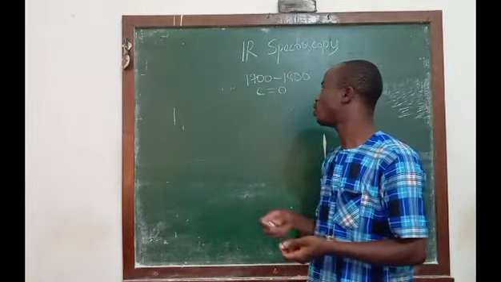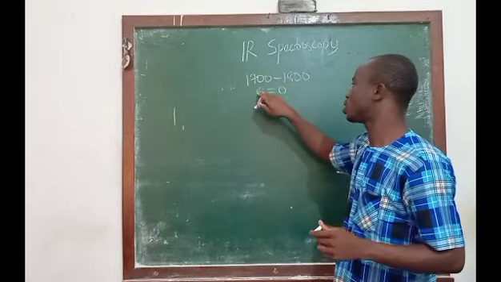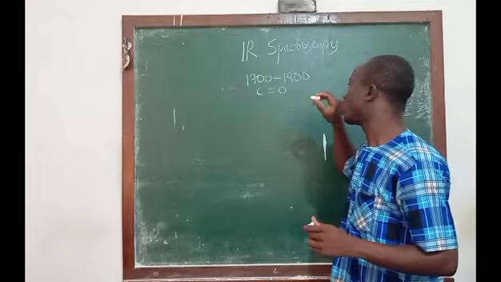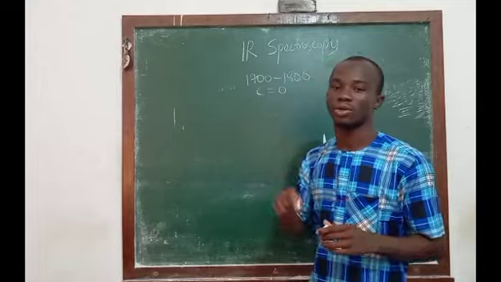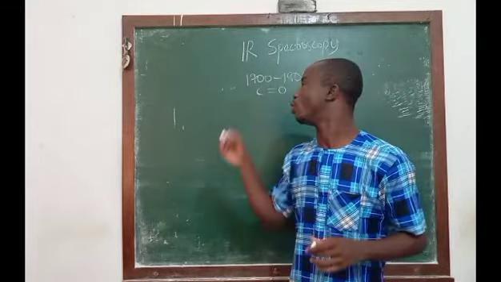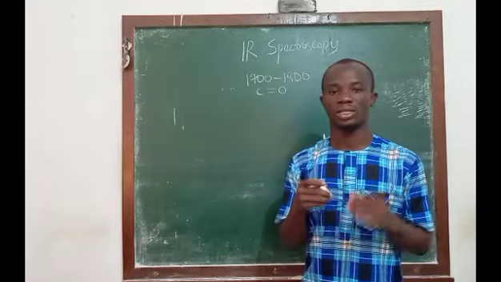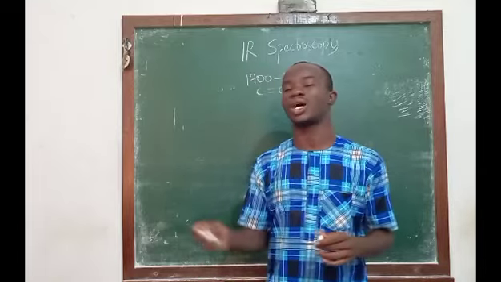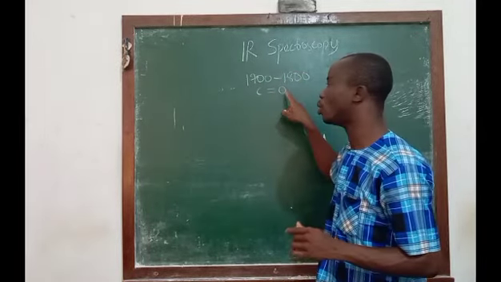So for example, if I have a signal at, let's say, 1700, which probably represents the carbonyl stretching vibrational frequency, the overtone for that particular signal will be at 3400. But one thing that is particular about the overtone signal for carbonyl is that it always has low intensity. But you can always look for that overtone signal to confirm that the signal you have between 1700 to 1800 is certainly for C=O.